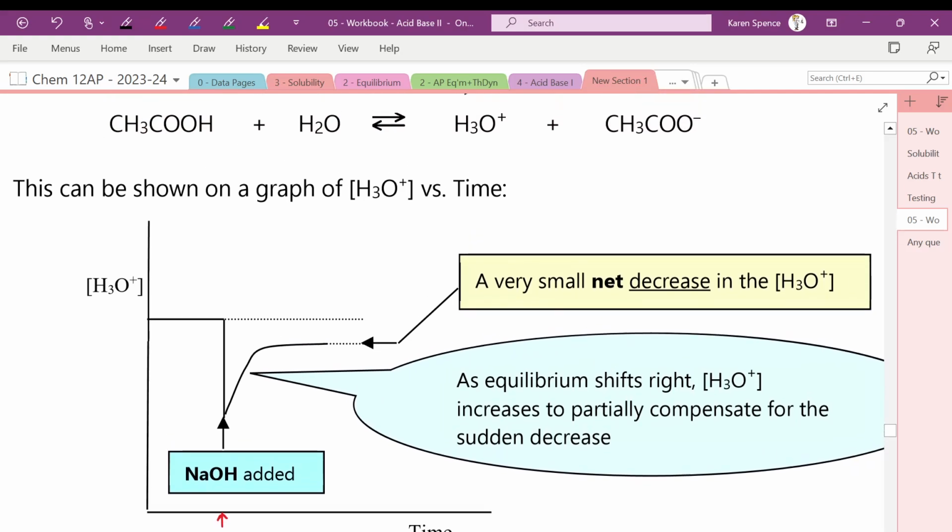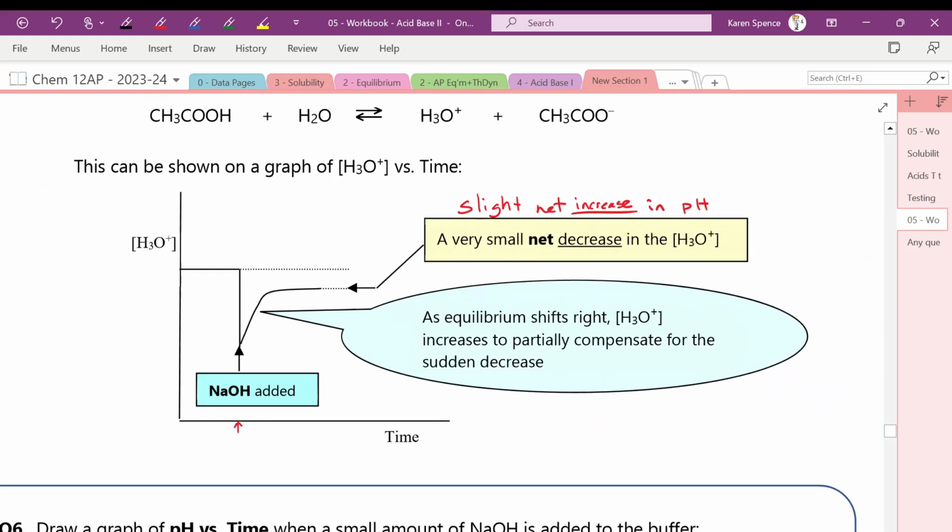Which would mean a slight net increase in pH. If we have a slight net decrease in H3O plus, we have a slight net increase. And you can say thank you to Mr. Colger for these lovely diagrams because I just stole them from him.